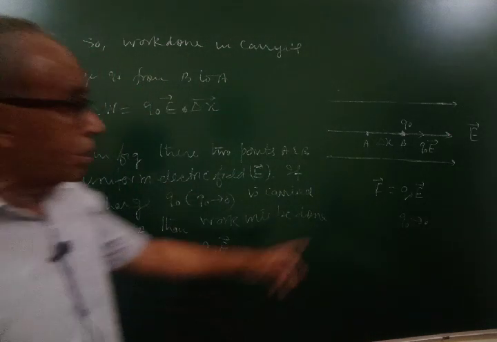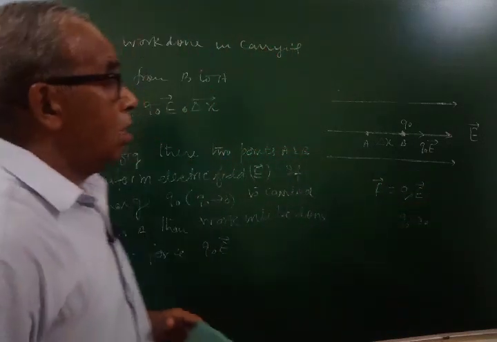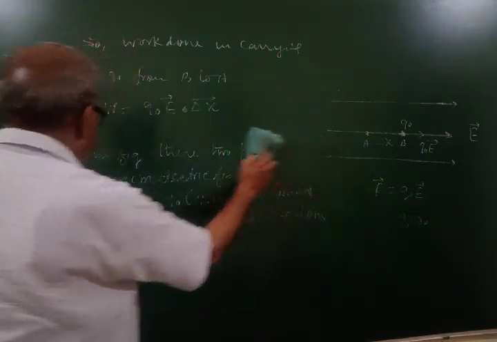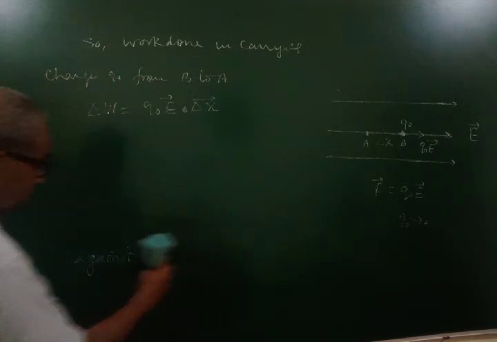And in carrying, the electric field would in fact carry it away along the field. But we are bringing it, so we have to apply an equal and opposite force.